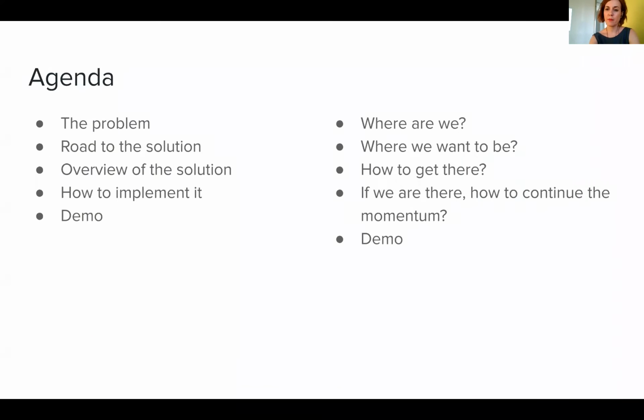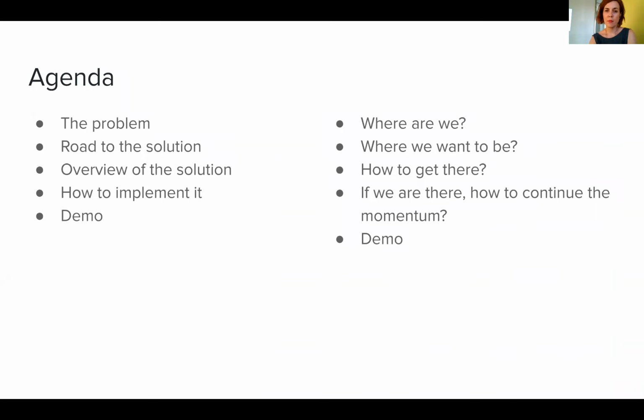So let's start. This is the agenda. I have divided the agenda into two parts. On the right side, you can see multiple questions. These are the questions that we will try to answer with the agenda on the left. That means we want to see where we are, where we want to be, what our problem is with the situation, and how to get there.